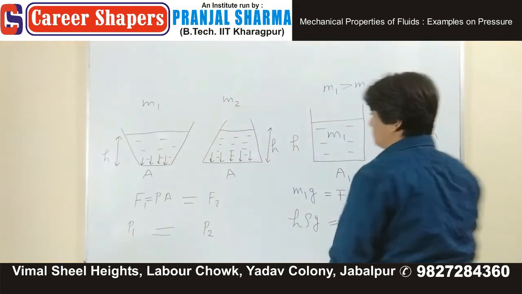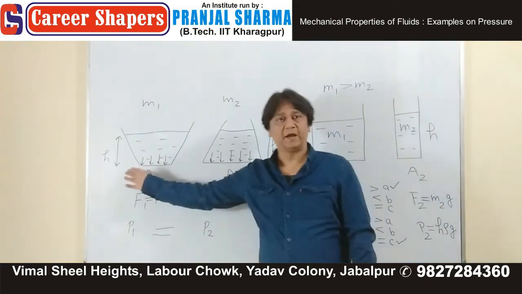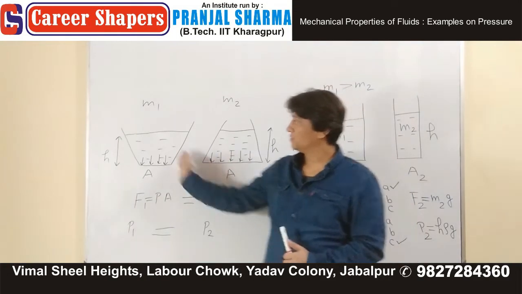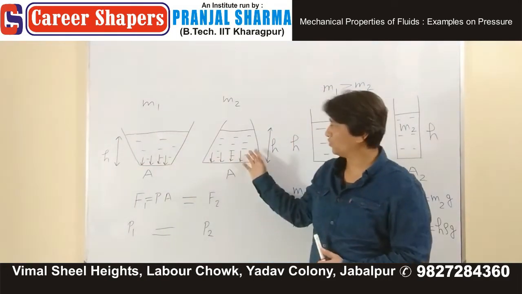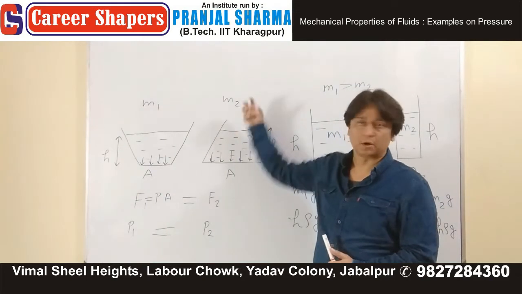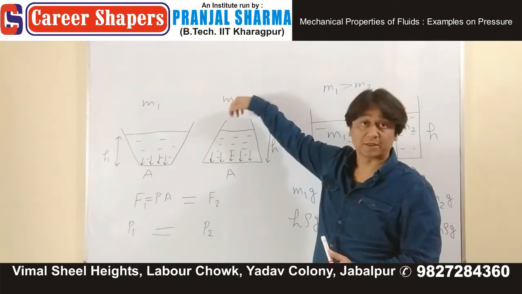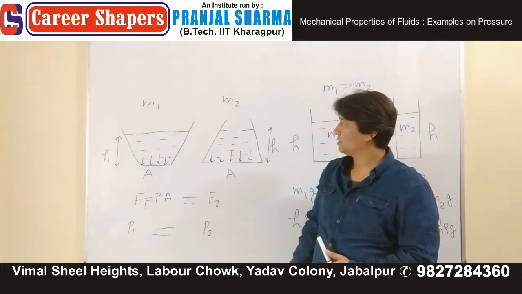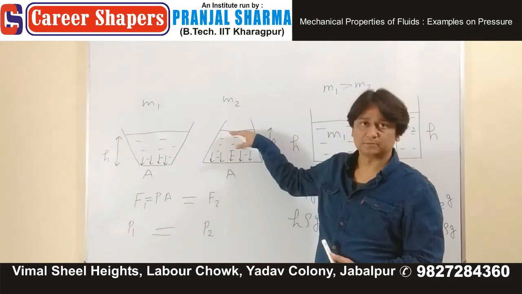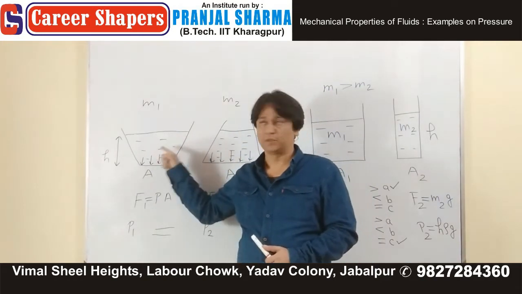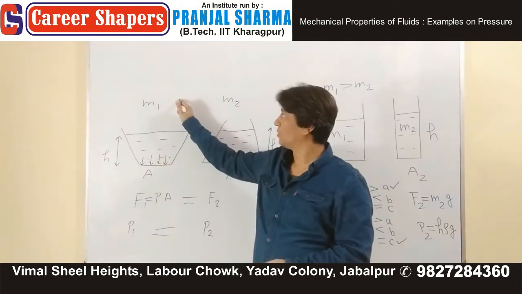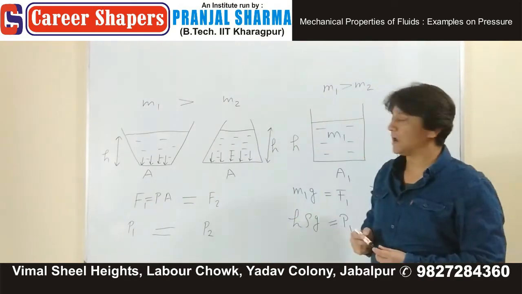Good. If you have the same base area, you can see that this one will have much more liquid than this one with the narrower cross-sectional area at the top. You can easily fill this one to the same height compared to that one. You need more liquid for this particular one, and therefore M1 is greater than M2.